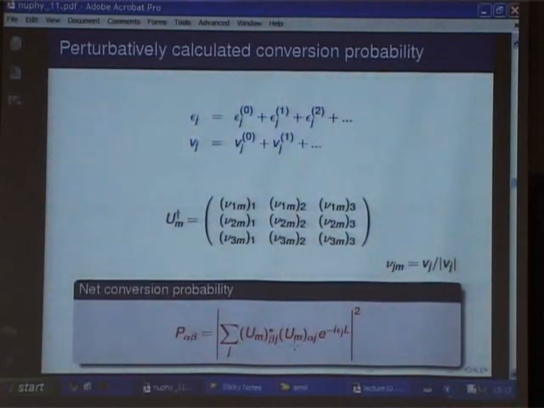So UM star beta j, UM alpha j, and e to the power minus i epsilon j L over 2E, and then you have this. This calculation is something that one should do once in one's lifetime. If you keep good notes, you can keep it in one of your files, because you need to look at it many times more.